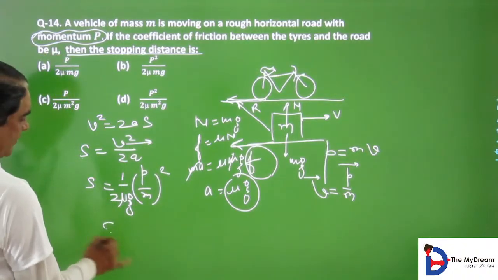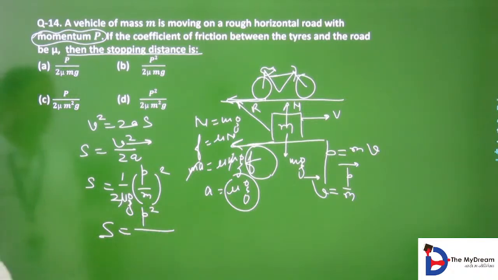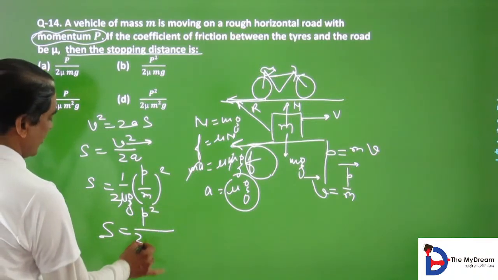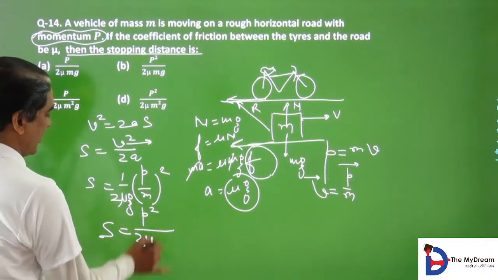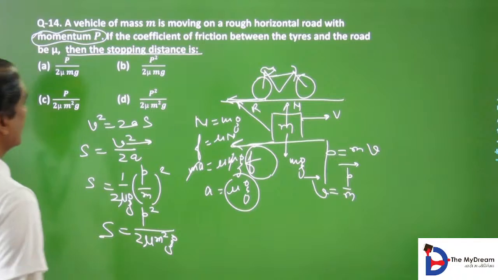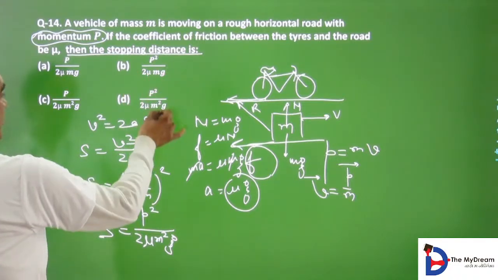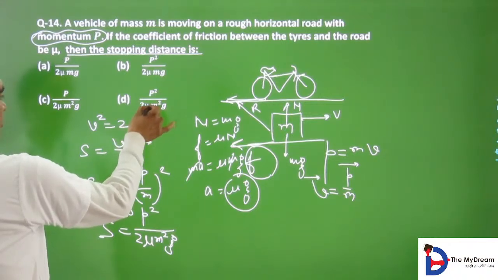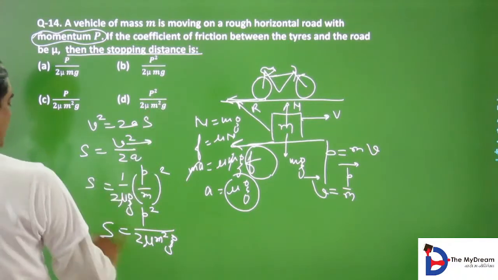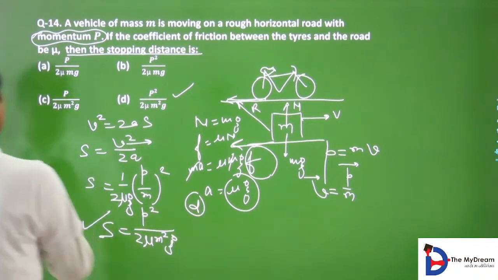Then you will get p square over twice of mu m square g. So this one is correct. So option D is correct.